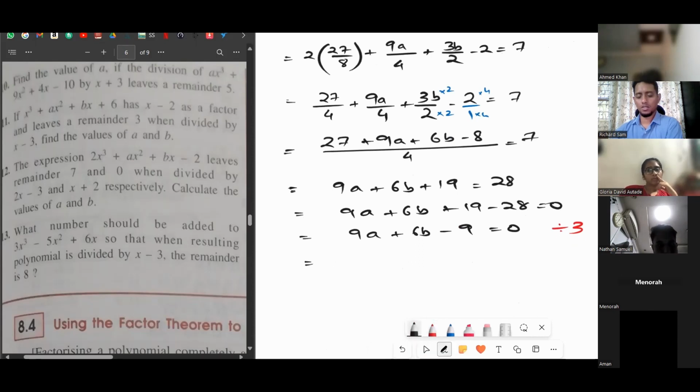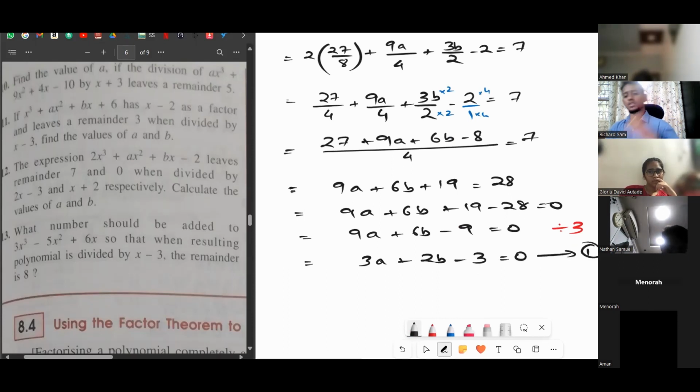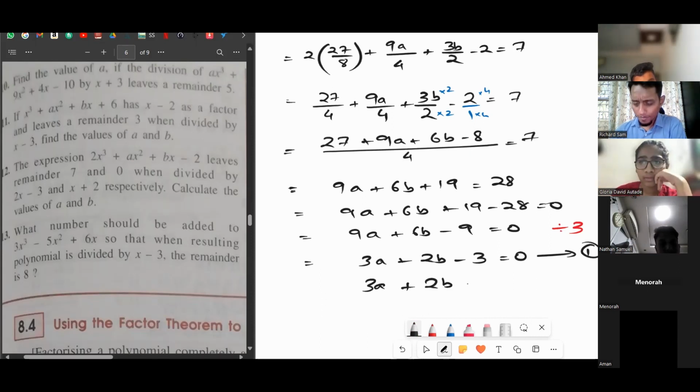Okay. All right. This is the first equation. 3a plus 2b minus 3 is equal to 0. So what is b plus, huh? b plus b? A plus b. B plus b. B plus b is 2b.